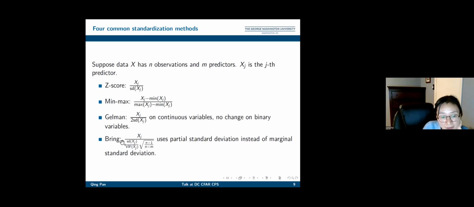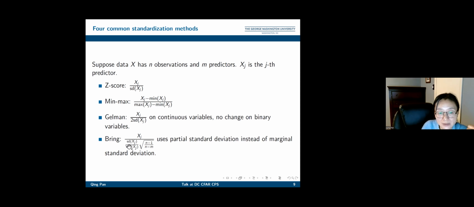And the Brain method is a recent method. They started from the Z-score method, and the idea is that if you're doing a multivariate regression, you have more than 1 covariate, so what actually matters is the partial standard deviation. It's not the marginal. It's the standard deviation of xj that is independent from all the other covariates, the independent contribution of x in addition to all the other covariates already in the model.